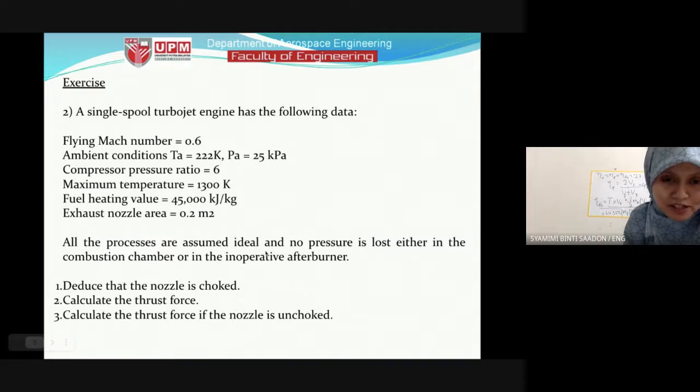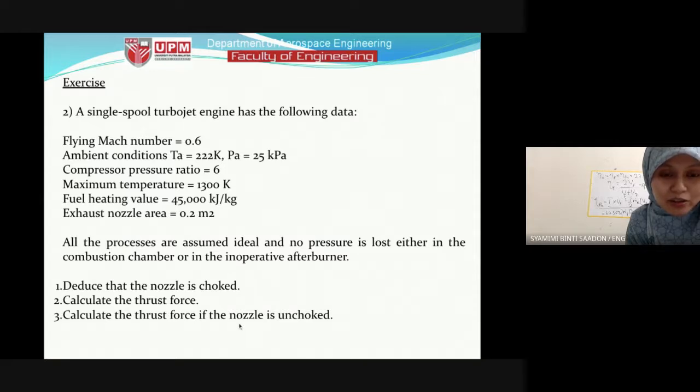All the processes are assumed ideal and no pressure is lost either in the combustion chamber or in the inoperative afterburner. So there is no afterburner, it means the afterburner is not functioning. So deduce that the nozzle is choked. Calculate the thrust force. Calculate the thrust force if the nozzle is unchoked. So there are two cases, choked and unchoked, but the first round we consider it as choked, meaning PE is not equal to PA.